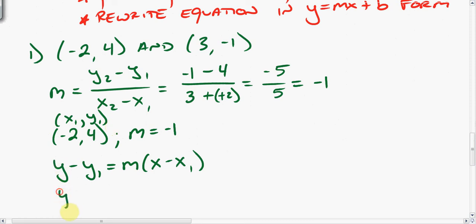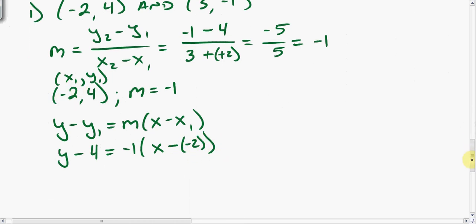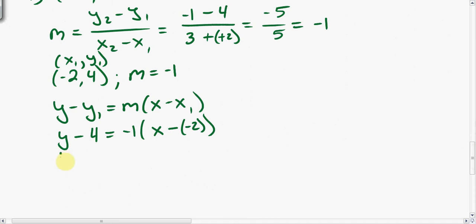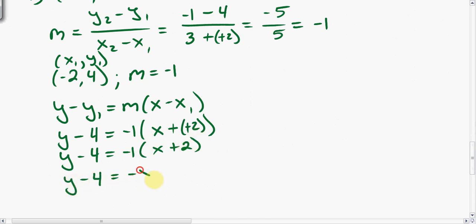So I've got y minus my y1, which is 4, equals my m, which is -1, times x minus my x1, which is -2. So that's really y minus 4 equals -1 times x plus a positive, so plus 2. I'm going to distribute in my -1.